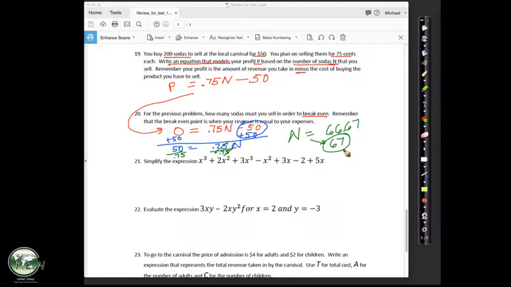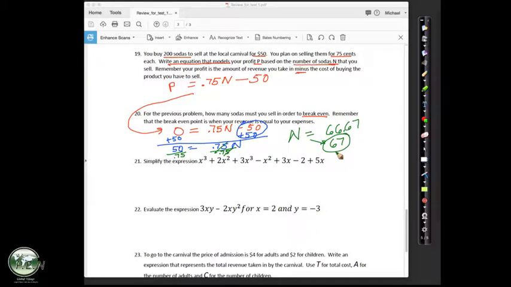Now, could you do the 67 in a less than or equal to 50? How many sodas must you sell in order to break even? Well, this one is just how many to break even, so you have to sell 67 to break even. If I sold greater than 67, then that's profit; less than 67, it's a loss.